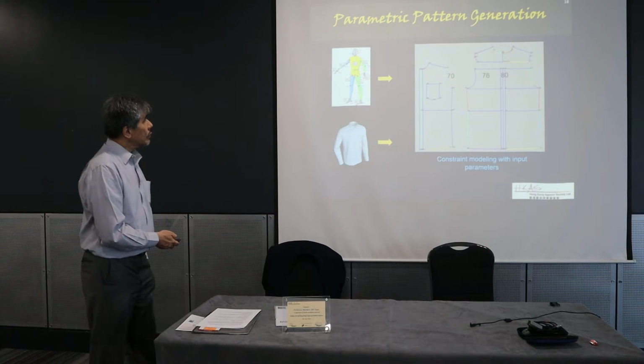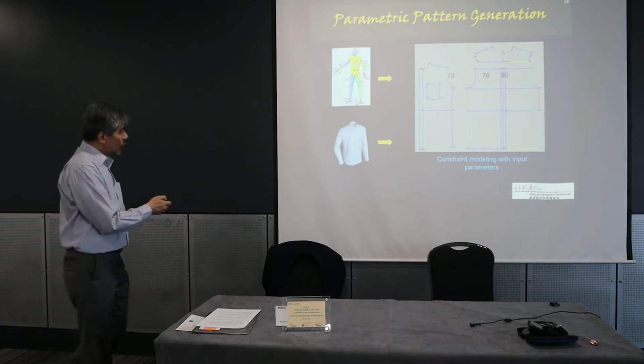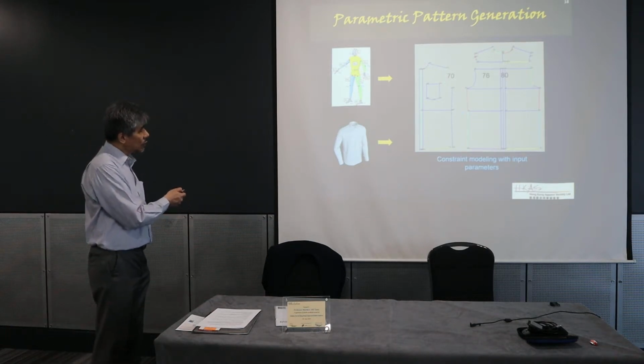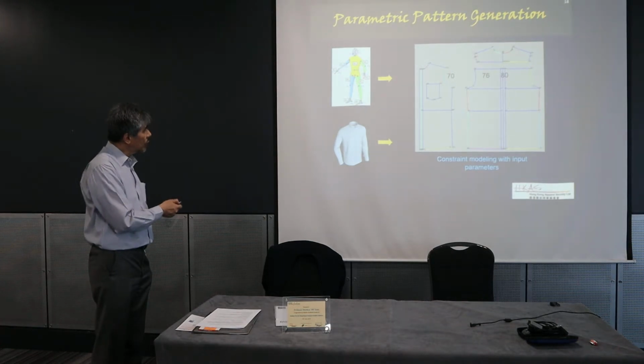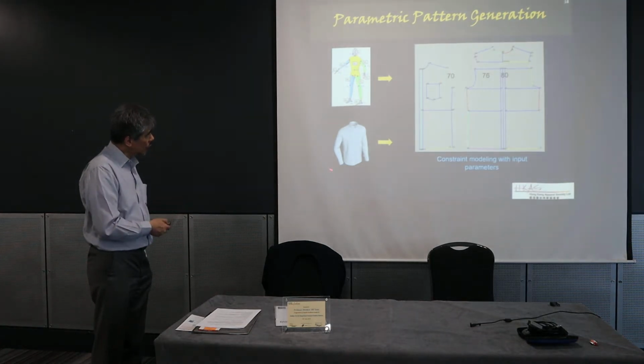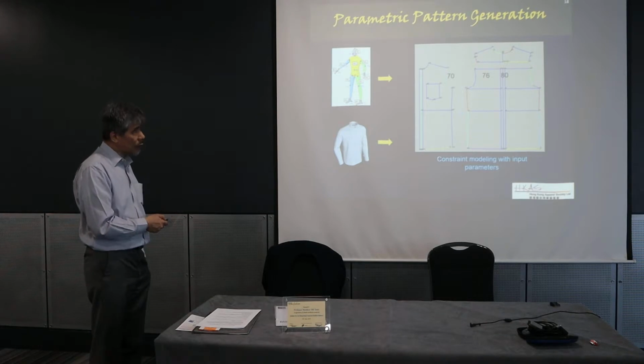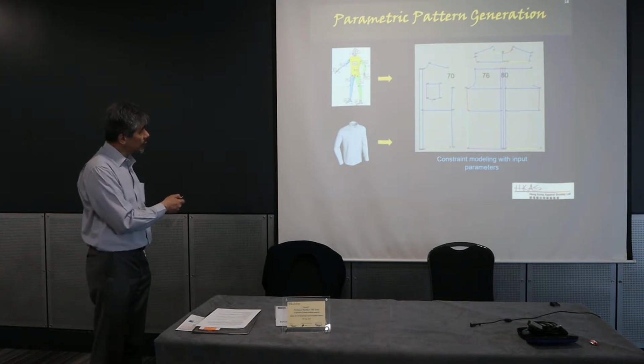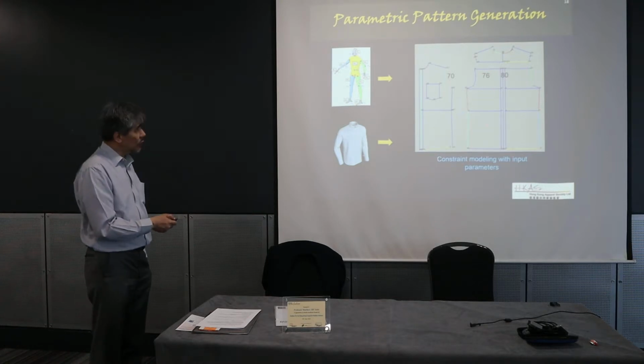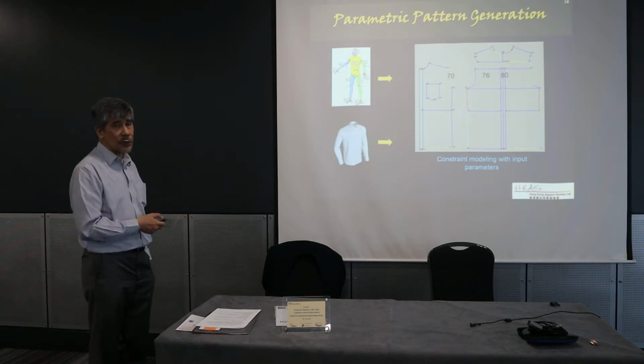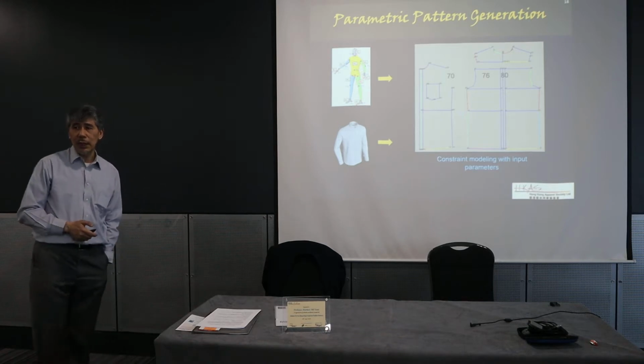And then we input the body dimensions that we have previously for the human model, and we have the shirt already decomposed into a number of components. Then based on this particular dimension, we can generate a corresponding pattern for this particular person using the size that has been input, right?